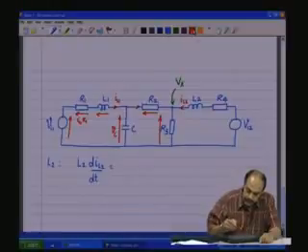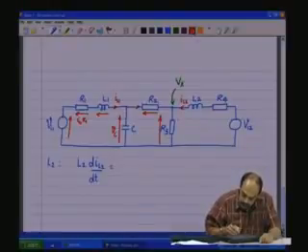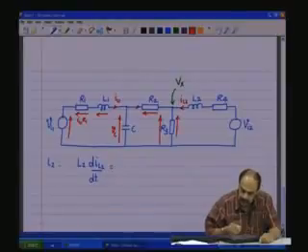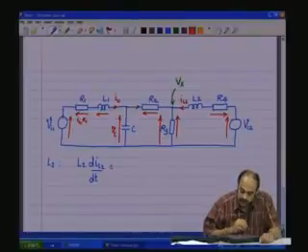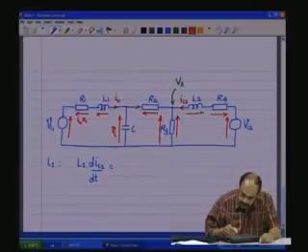Now, the voltage across L2 is obtained by, the current is flowing in this direction, and there is the effort of the source like that, the current direction is assumed in this way, and therefore, we have the voltage across R2 in that direction, and the voltage across L2.